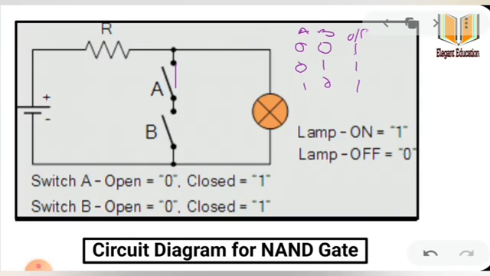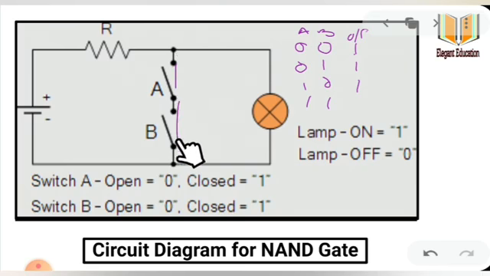Now I am keeping both switches closed, A closed and B closed, meaning 1 1. In this case, the current will flow through the resistance and try to follow the shortest or least resistance path.